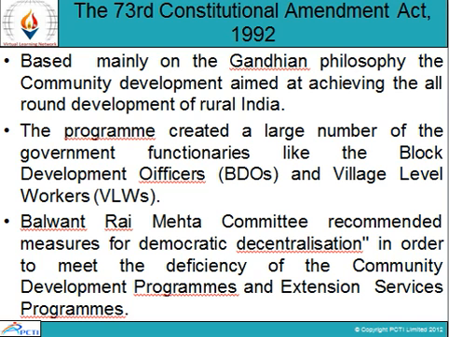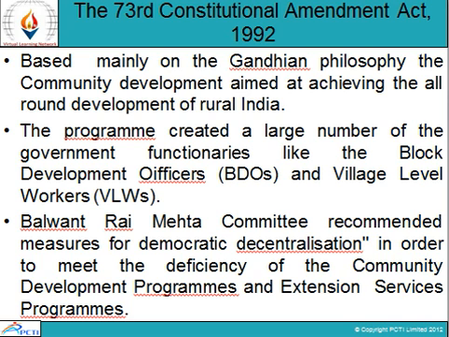Next is the 73rd Constitutional Amendment Act 1992. Basically named on Gandhian philosophy, the community development aimed at achieving the all-round development of rural India.